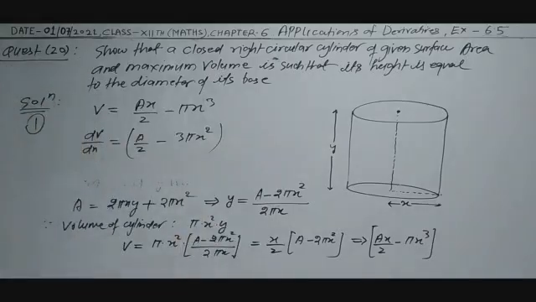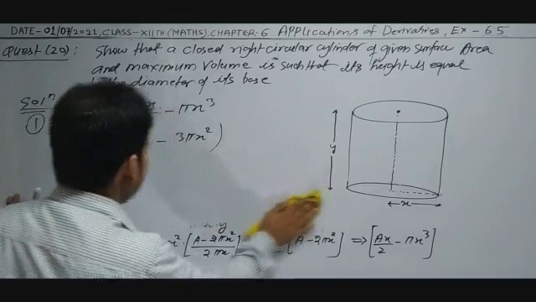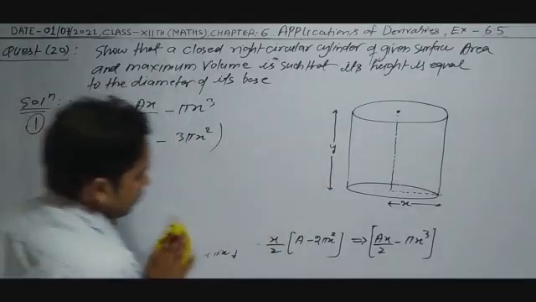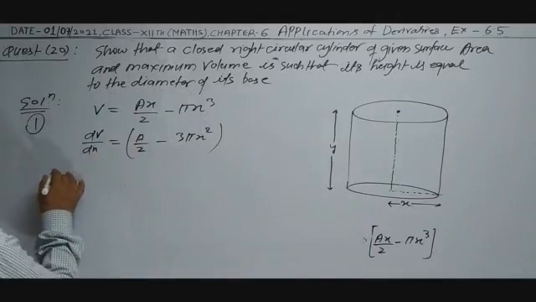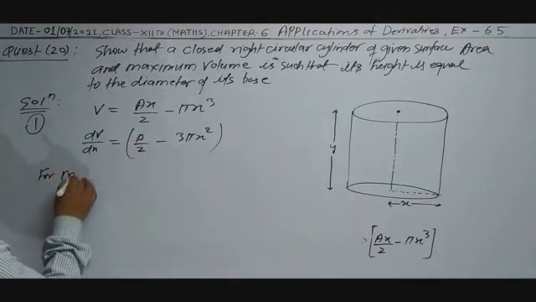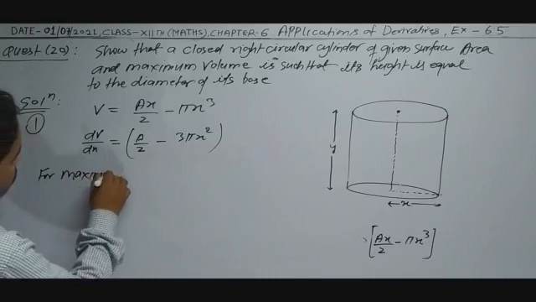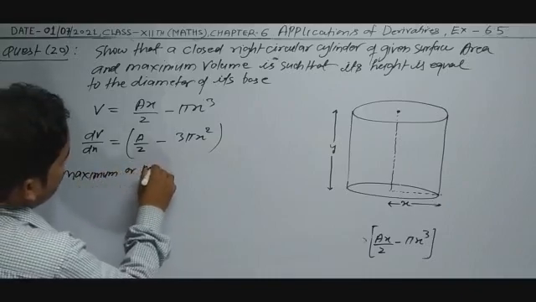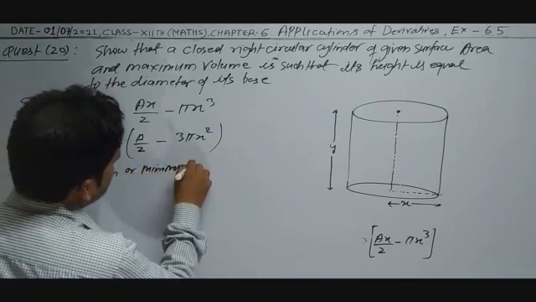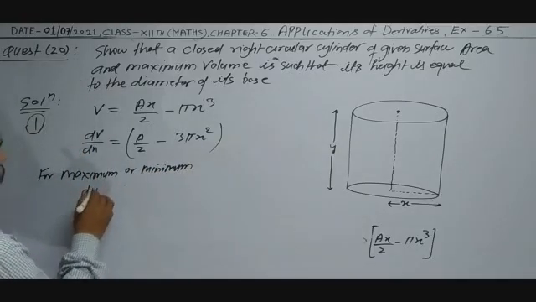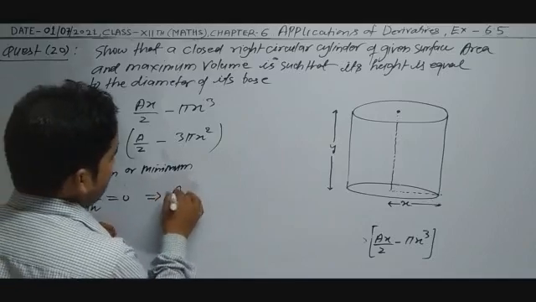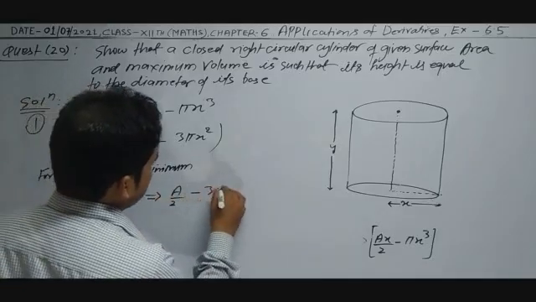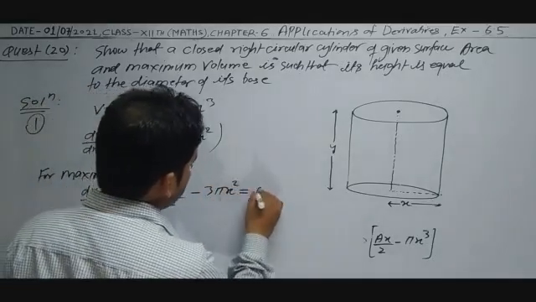Now for maximum or minimum value, we have to equate it to 0. For maximum or minimum, dV by dx equals 0. This implies A by 2 minus 3 pi x square equals 0.